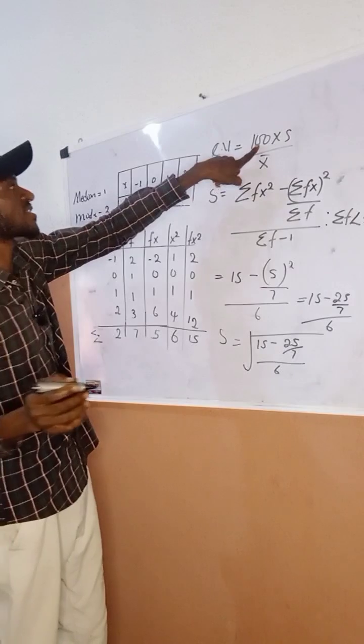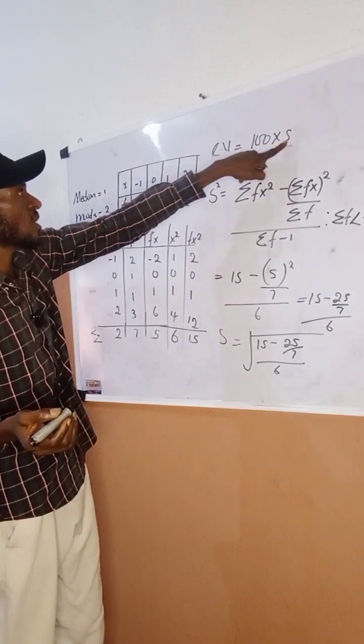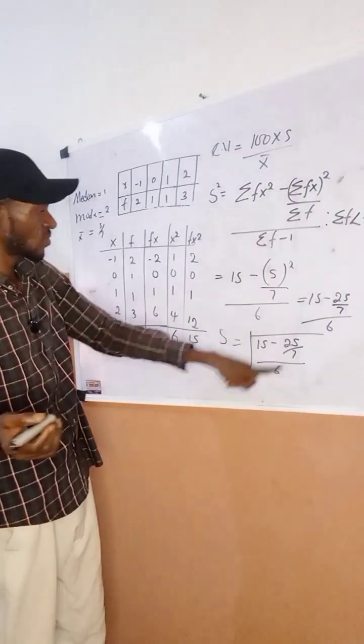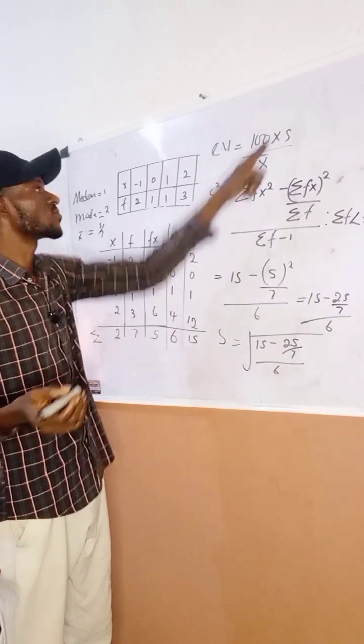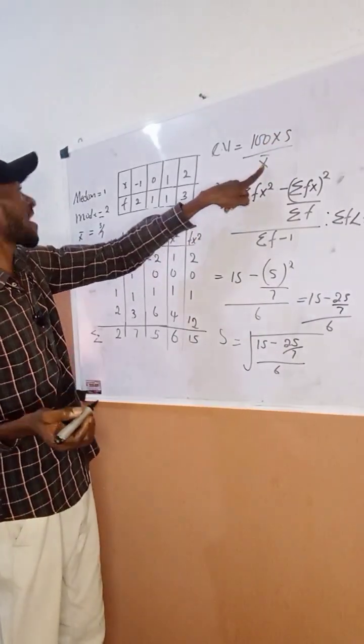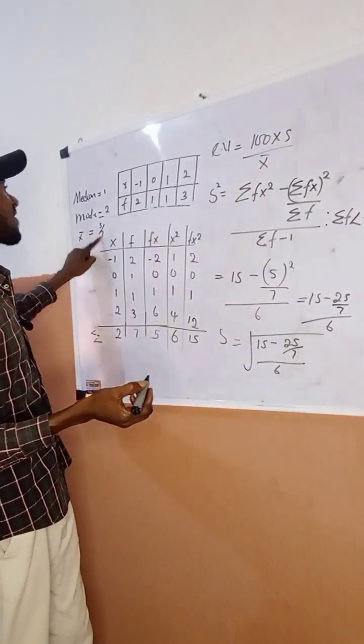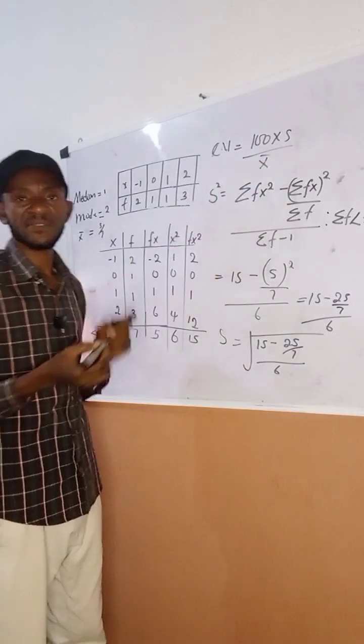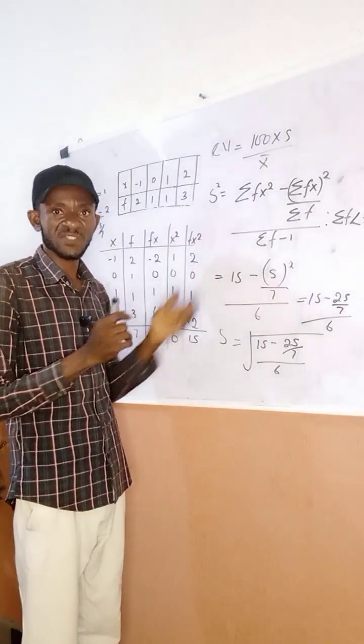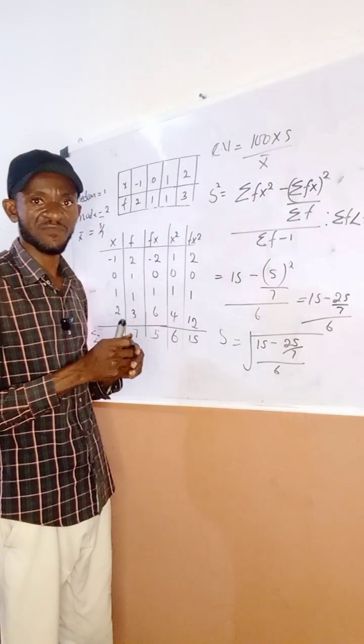Your S is the standard deviation, which is the value you are going to get here, so it goes in here. And for your X bar, the value is 5/7. It goes in here. So that one is quickly taken care of.